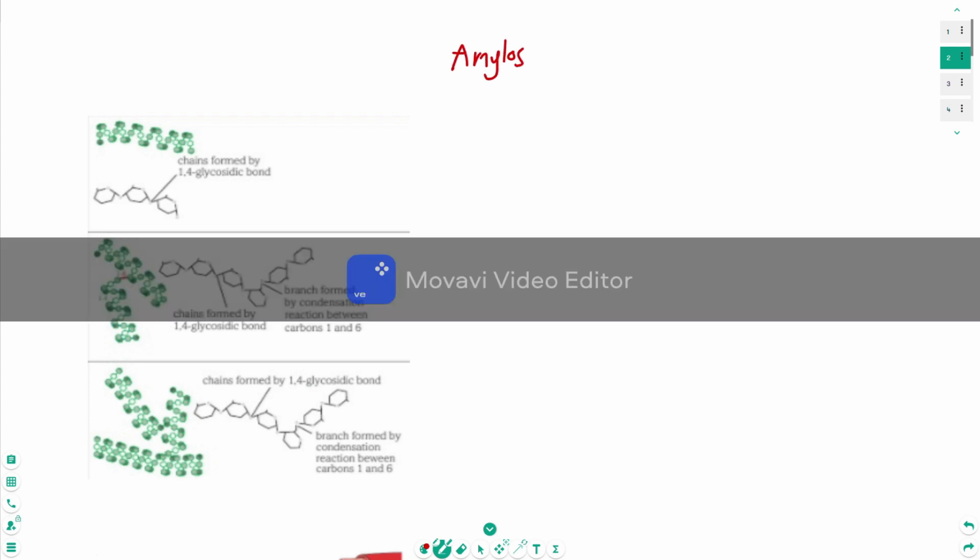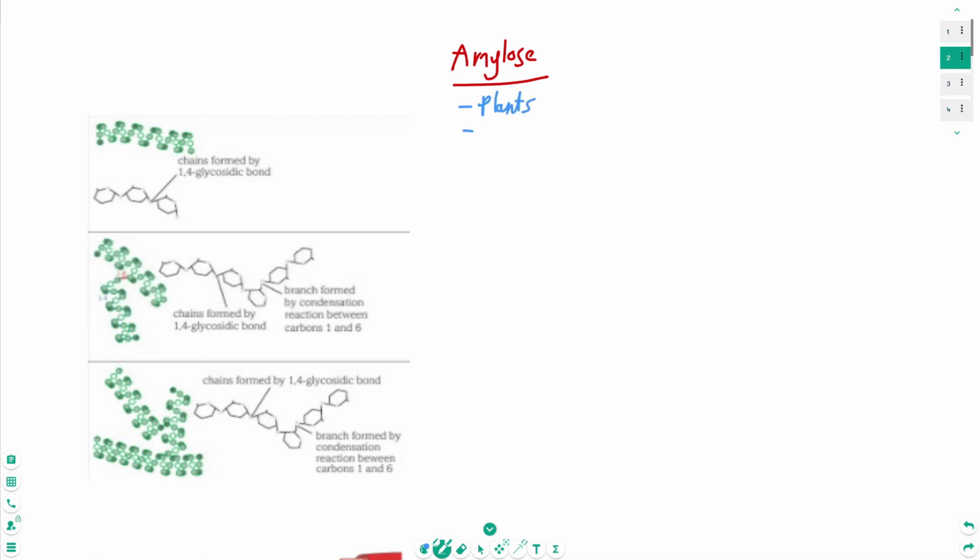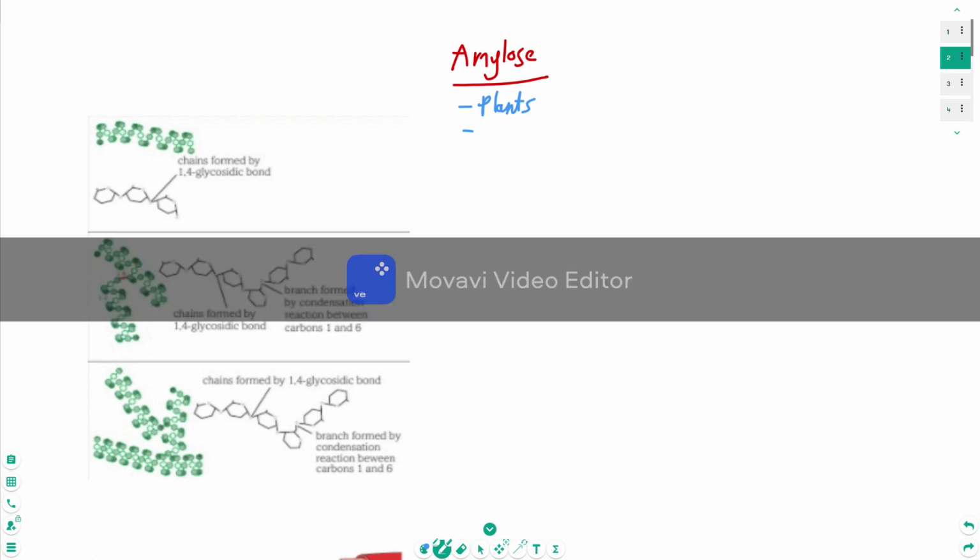So amylose is found in plants, as I just said. It is made up of alpha glucose, and the structure of it is it coils into a spiral, helical shape.